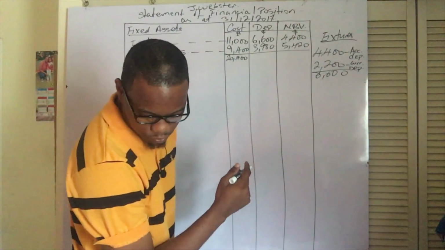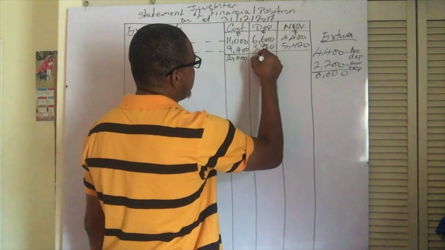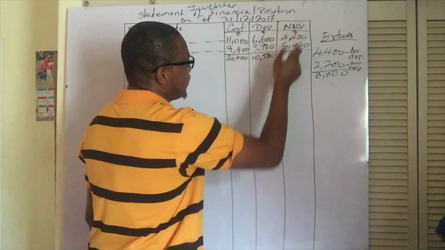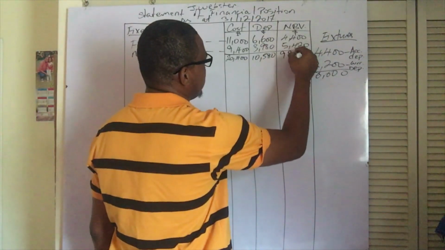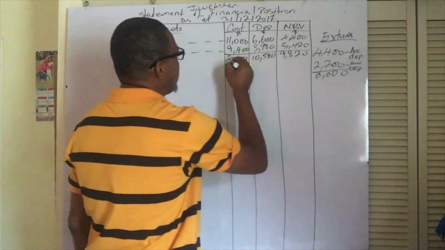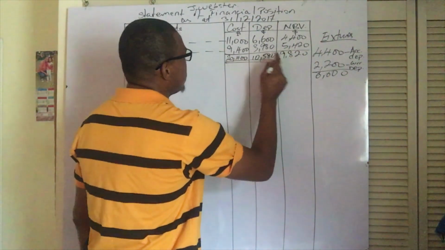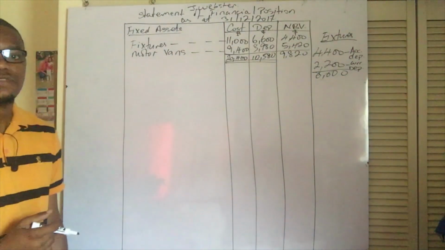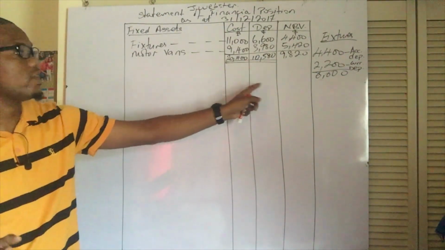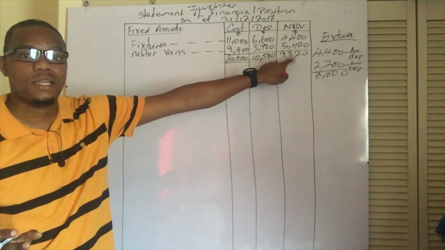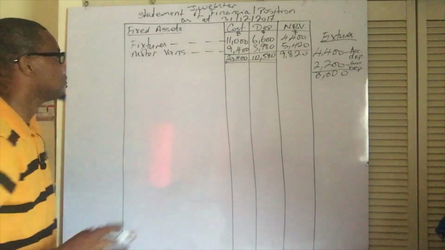The depreciation column would add up to be 10,580. The net book value column would add up to be 9,820. We are going to double line the cost and the depreciation column to signify that we are not going to be using these figures again. We're only going to be working with this figure, and that is the reason why it is not underlined.